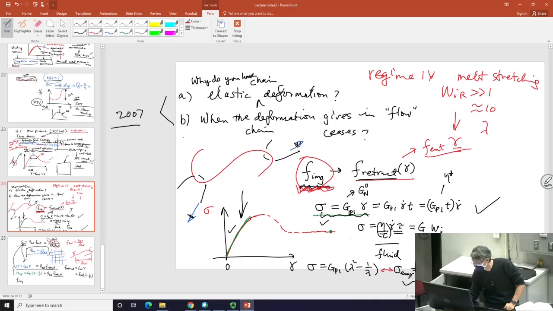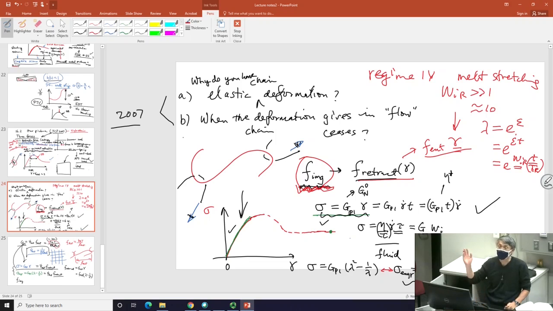When I say that, I mean this. If I write one more time, it's epsilon dot times t, right? And that means it is e to the Wi_R t over tau_R. Okay? When this is 10, my God, if t can enjoy stretching to tau_R, that's e to the 10. It's just a gigantic number.